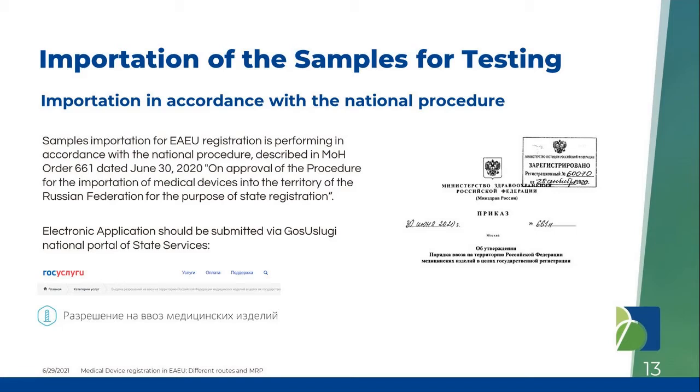In Russia, it's described in order 661, dated June 30, 2020. The application is submitted electronically via the State Services web portal, Gosuslugi, with the screenshot at the bottom. There is a specific service, permission for samples importation. So if you are submitting in accordance with the national procedure, you already know about this novelty.